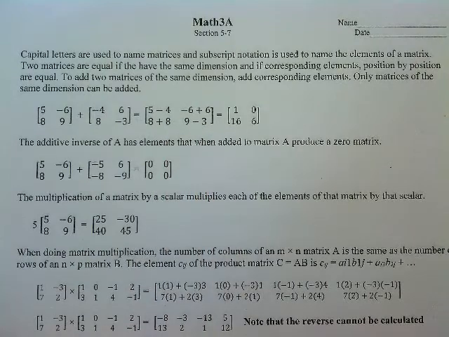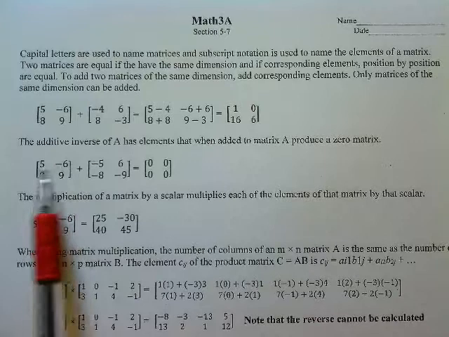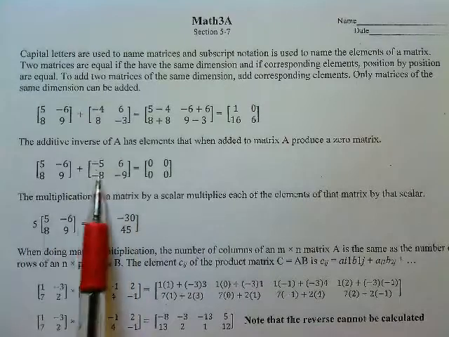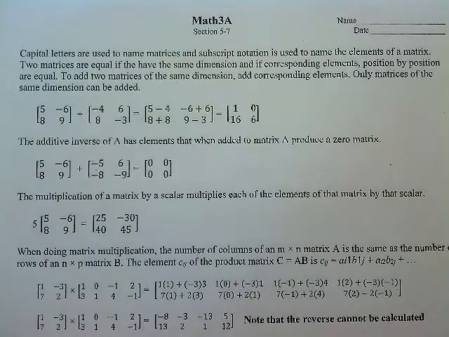So it's element by element. The additive inverse of matrix A, again using capital letters to denote a matrix, is the values that would give you the zero matrix when you add the two together, so of course they would just be the opposite sign for each one of those.